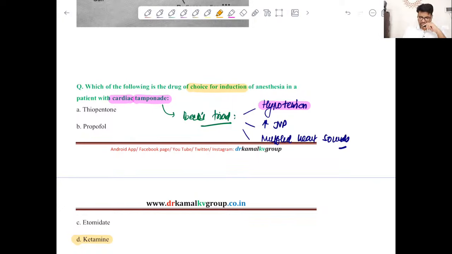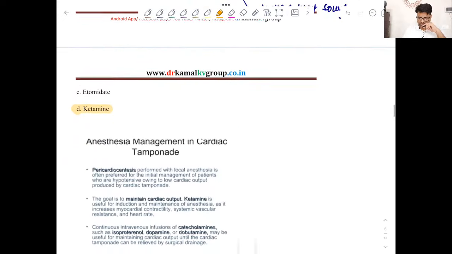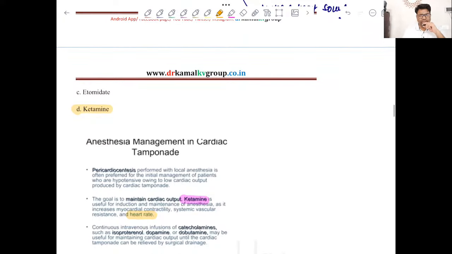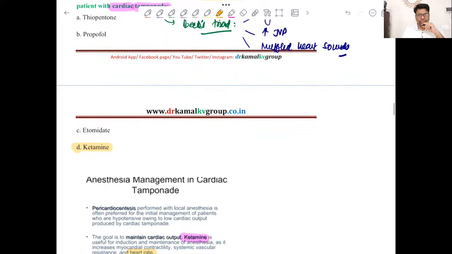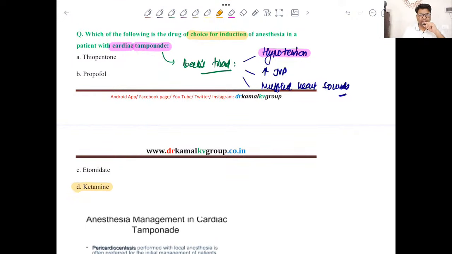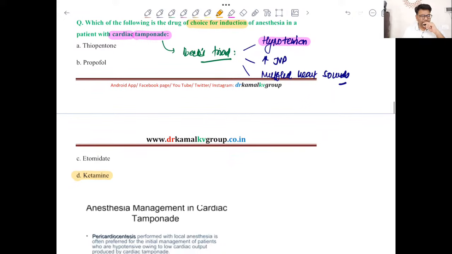So the better answer in case of cardiac tamponade is ketamine, because it increases the heart rate by increasing myocardial contractility and peripheral vascular resistance. So heart rate will increase, so BP will also improve. So this is very important in this particular case, that is cardiac tamponade. So ketamine is a better answer if an anesthetic agent is asked for cardiac tamponade, right? So please remember ketamine.